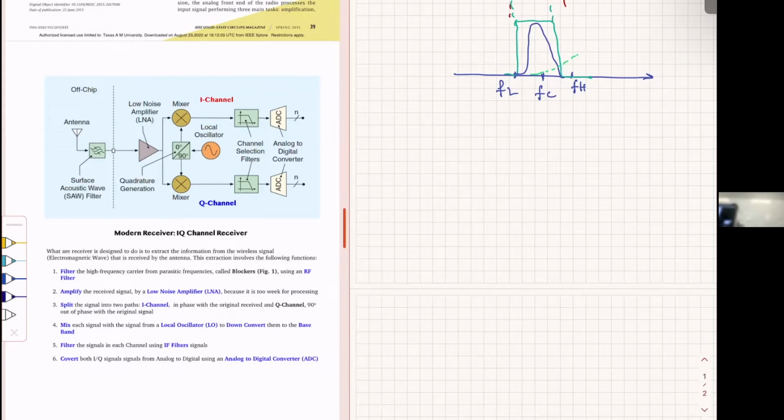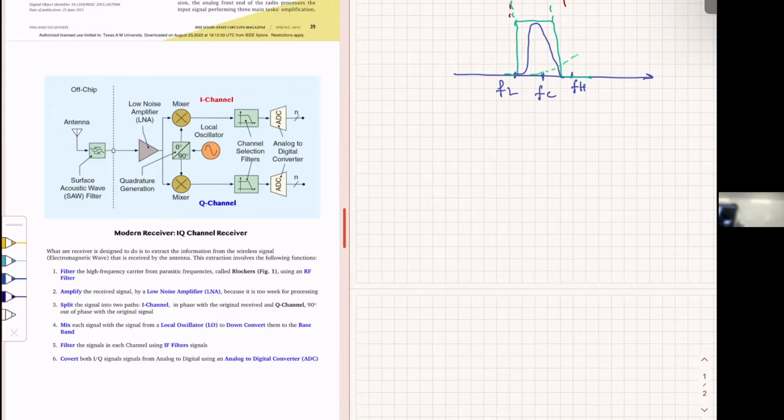So what this LO does, it goes here to a splitter, which creates a version of the incoming signal, but 90 degrees out of phase. So if the incoming signal is cosine omega t, for example, what comes out of here is a sine omega t, but it has all of the information of the initial signal, because all the information is just 90 degrees out of phase.